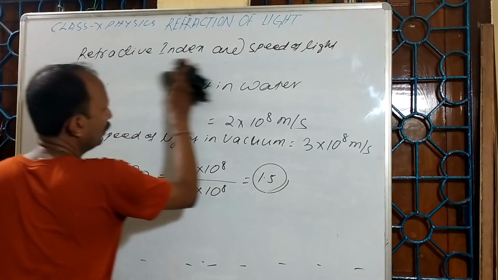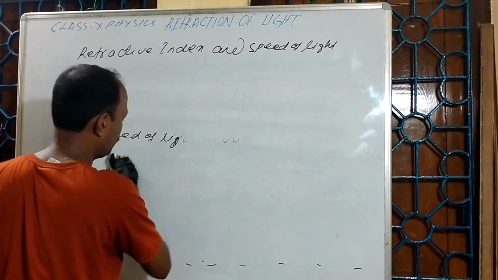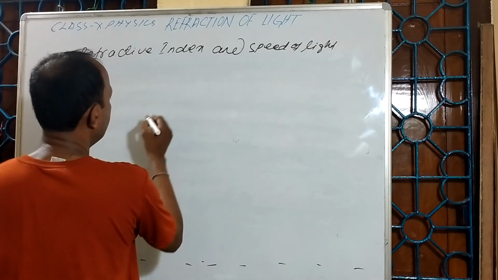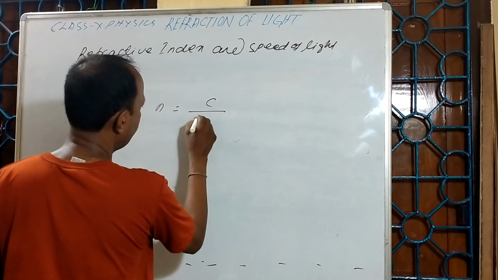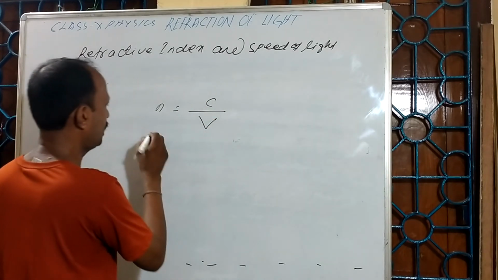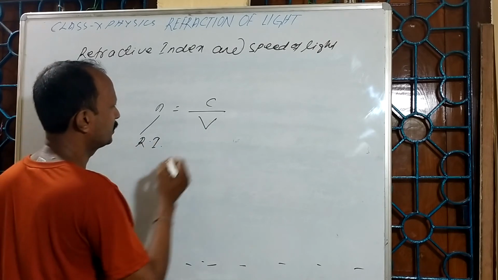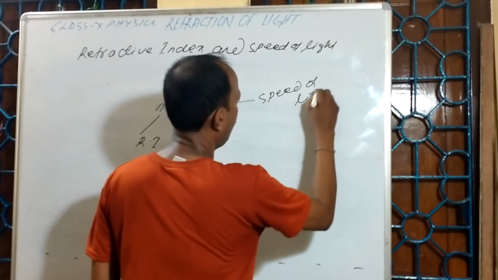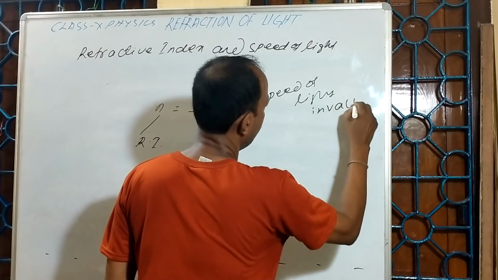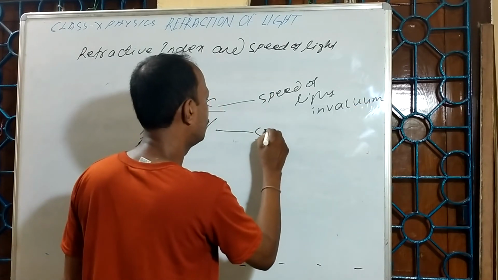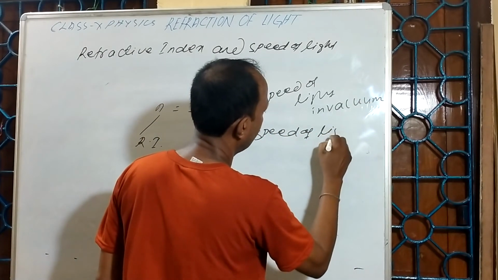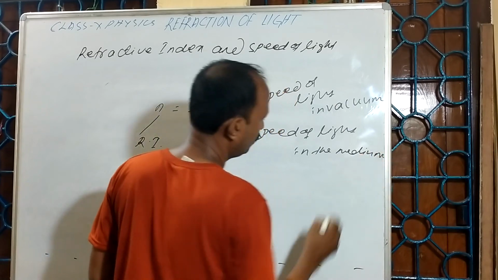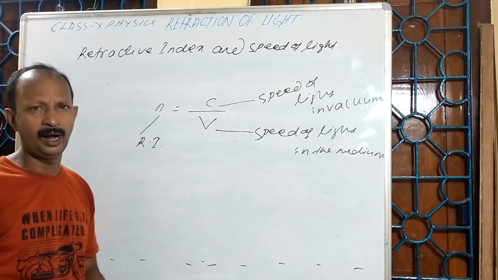So the relationship between refractive index and speed of light is inversely proportional, because n is equal to C by V. So n stands for refractive index, C stands for speed of light in vacuum, and V is the speed of light in the medium whose refractive index we are going to find out.